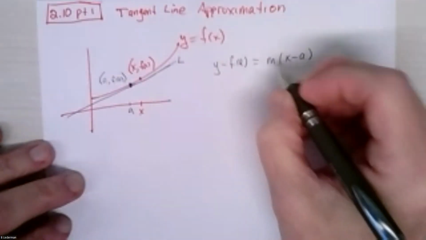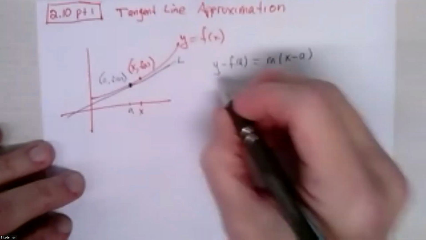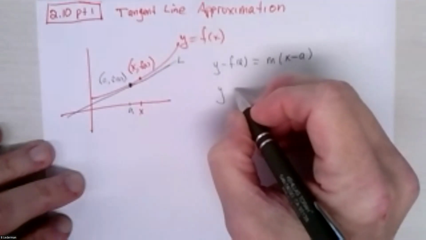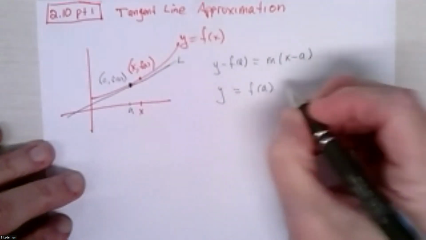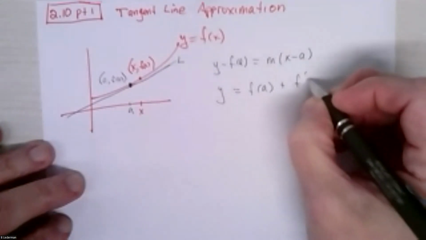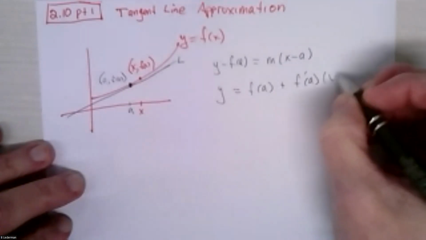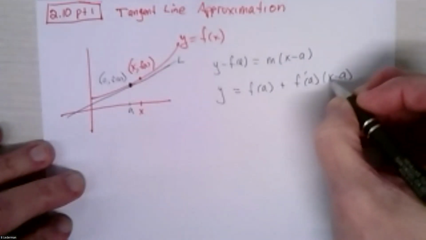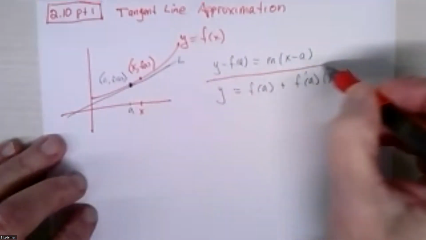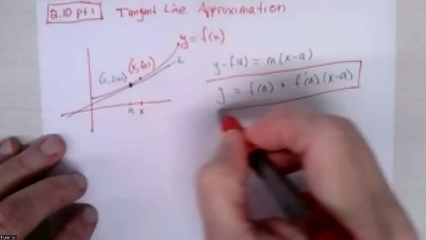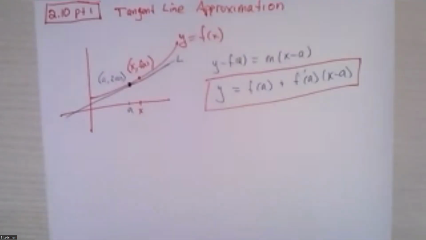But m, the slope, is just f prime of A. So I'm going to bring the f of A to the other side: y equals f of A plus f prime of A times x minus A. And this formula here is the equation of the tangent line. That's why we say tangent line approximation.